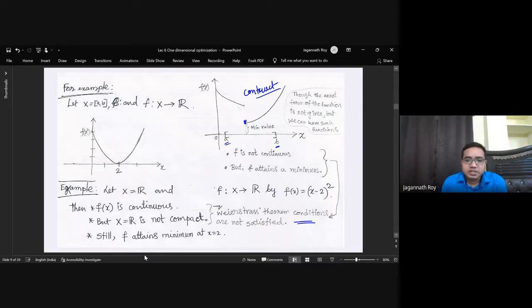But what does the Weierstrass theorem say? It says that if we have a compact set, here the closed interval AB is compact, and f is continuous, then we can find the minimum. Here this function is discontinuous, but still we can find the minimum value. So this Weierstrass theorem is not necessary. It does not give any necessary condition.